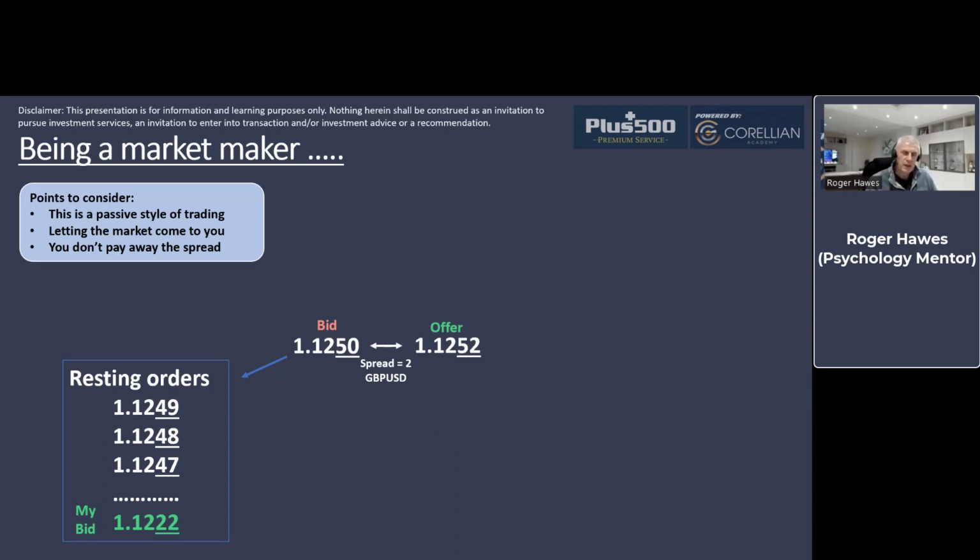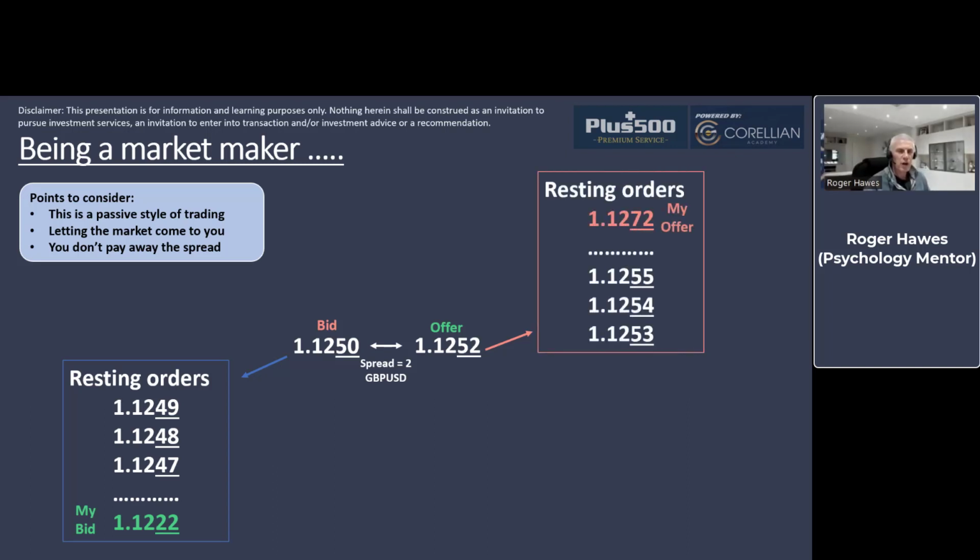By that, I mean simply if we're short and we feel the market's going down on a fairly regular basis, we may wait and choose not to deal at that price at 50.52, which was the current market level, and we may leave a resting order a bit lower in the market. In this example, I've put a resting order down there at 112.22. So this would be if I was short and comfortable with the market coming to me. It could also be that I want to buy on a dip, but I don't particularly want to jump in at the market level currently. So I may use that resting offer a bit lower.